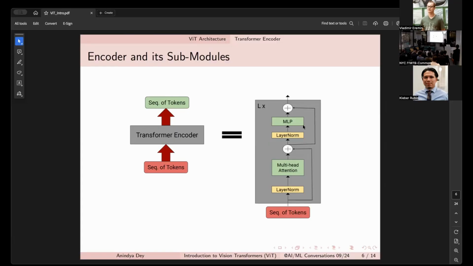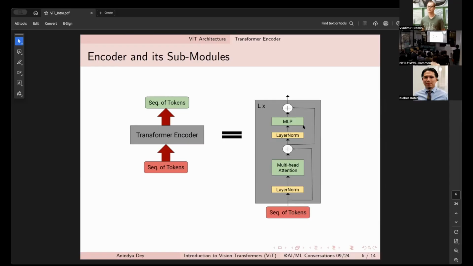So what happens is that the sequence of tokens is first subjected to a layer norm, which I'll describe in a second, which is then fed into the multi-headed attention. And the final output is via a skip connection, or residual connection. So if you call this Z out, then Z out is Z out plus Z in.